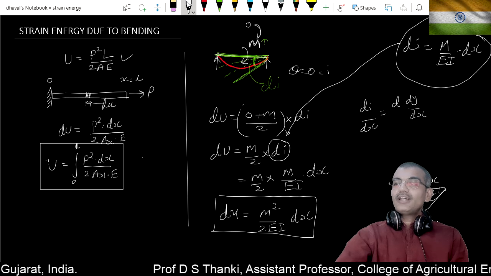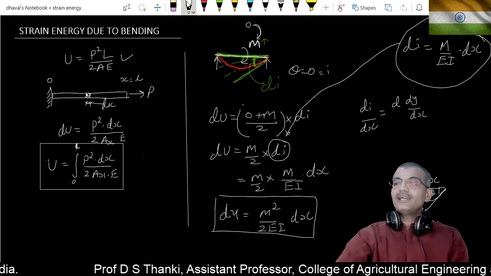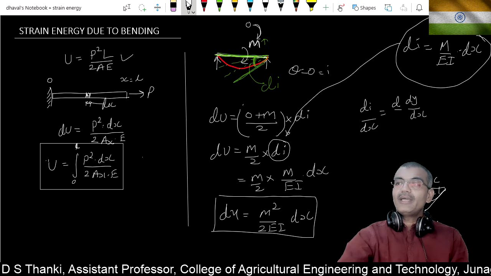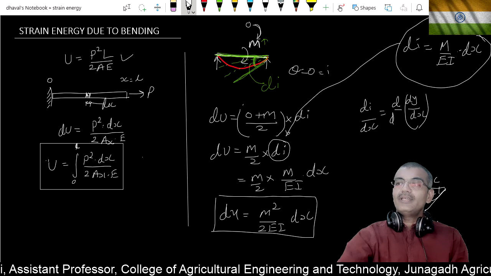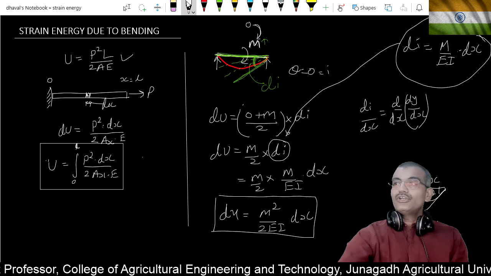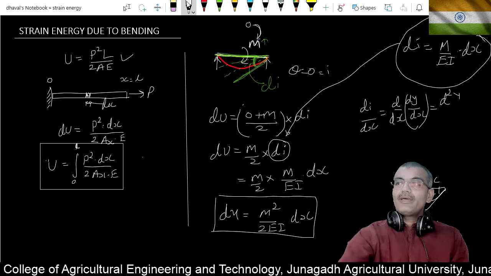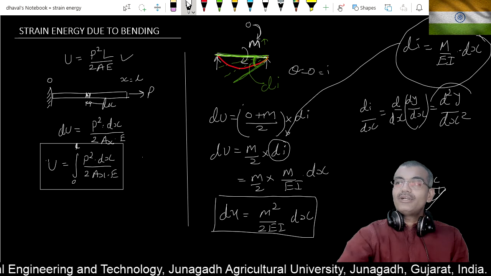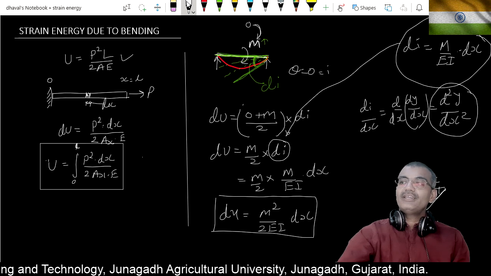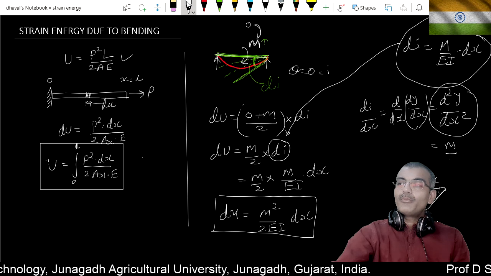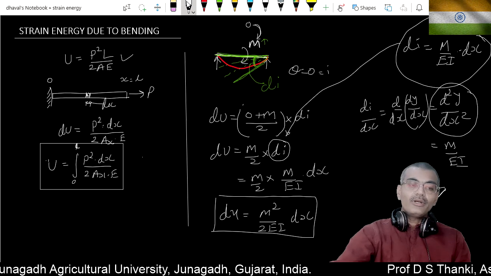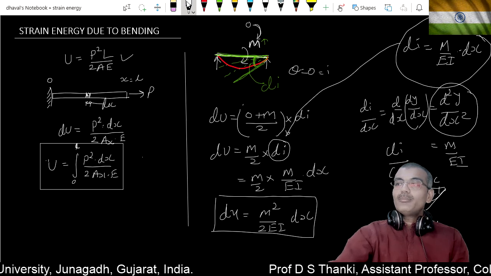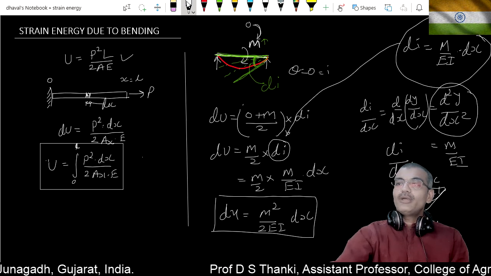So indirectly dI is equal to dy by dx. So here dI upon dx will be dy by dx upon dx. So indirectly it is d square y upon dx square, and this d square y upon dx square is equal to M upon EI. So indirectly your dI upon dx is equal to M upon EI.